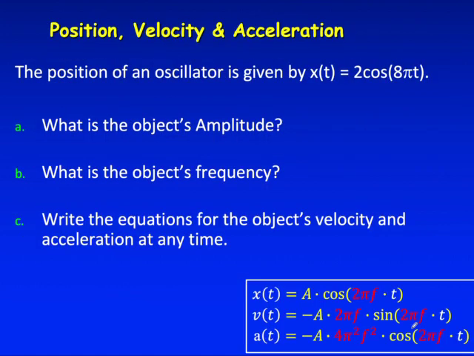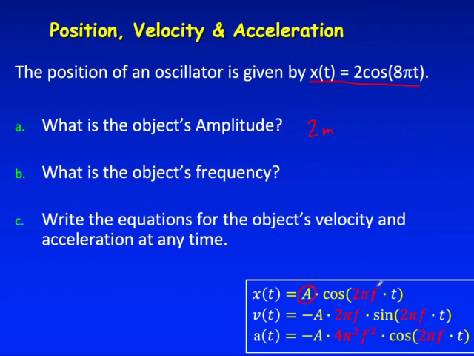Take a quick look at this, just a real quick walking away from those equations for a moment. Given our equations down here, if you have this equation for the position of an oscillator is 2 times the cosine of 8 pi t, what's the object's amplitude? Well, if you look at this, this has to fit the form down here. The 2 in front must be the amplitude, and we always work in meters. What's the object's frequency?